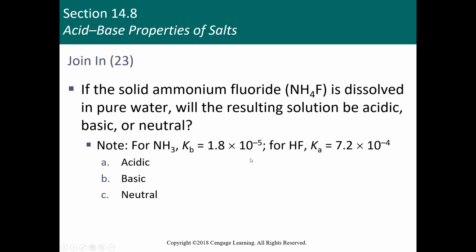So this actually has sort of three parts, doesn't it? You have to take the Kw divided by this value, then you need the Kw divided by this value. This will give you your Ka for NH4+ and your Kb for the F minus. And what we see here is this would then be acidic.